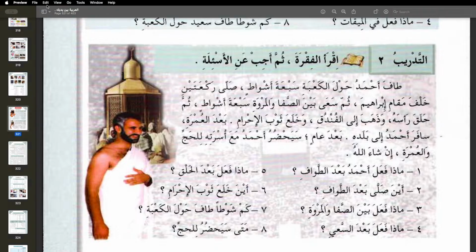صلى ركعتين خلف مقام إبراهيم. He prayed 2 raka'at, 2 units of prayer, behind the maqam of Ibrahim. ثم سعى بين الصفا والمروة 7 أشواط.